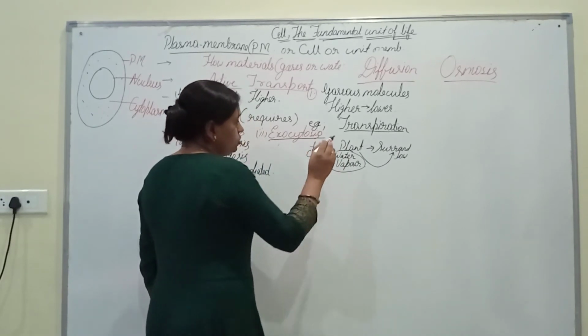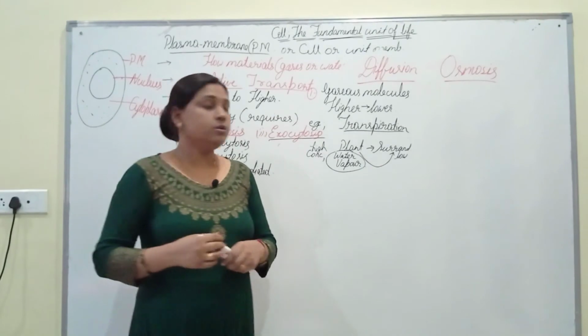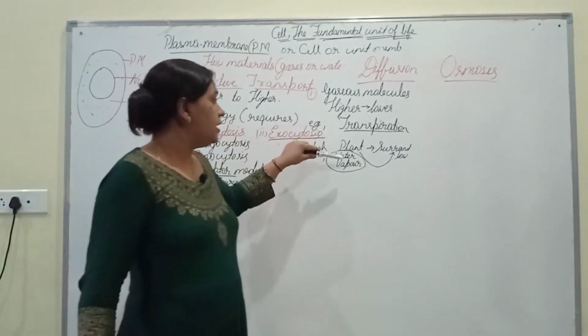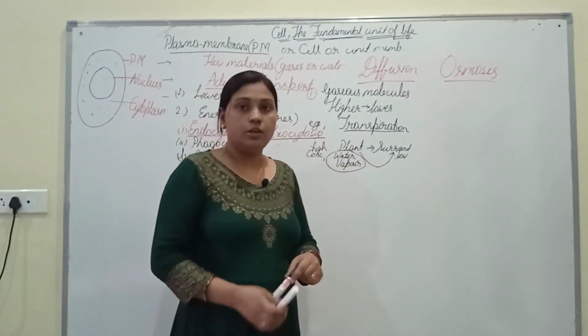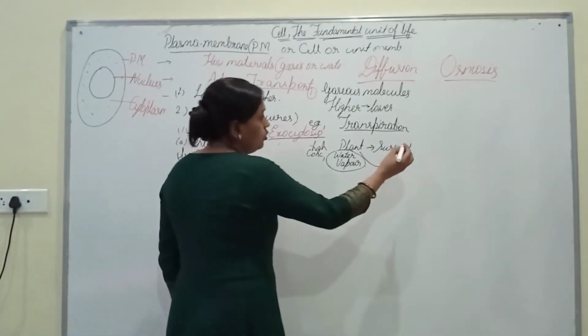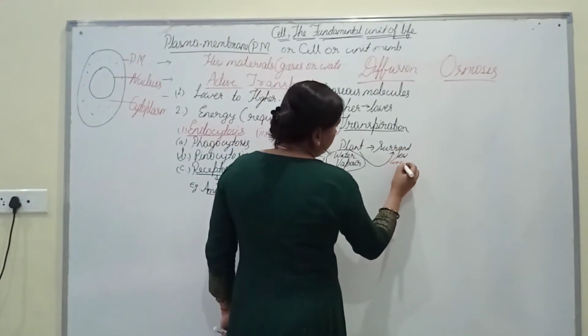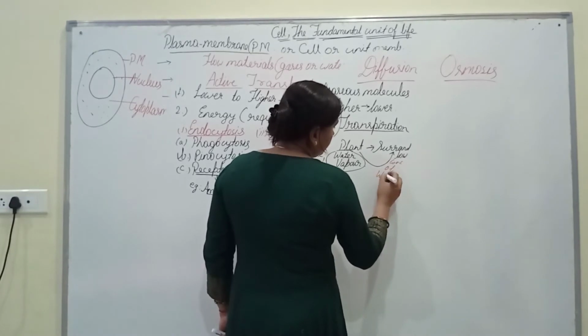When the concentration of water vapor becomes high in the plant, it will move towards the surrounding where there is a low concentration of water vapor.